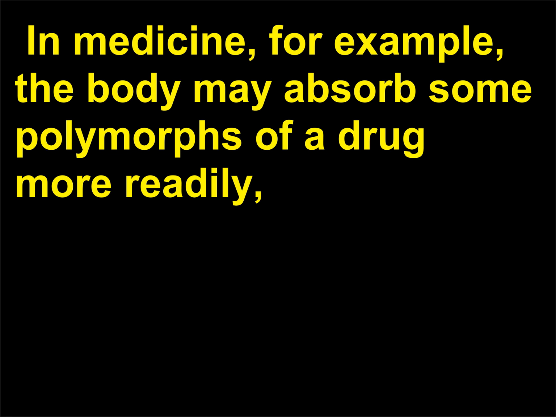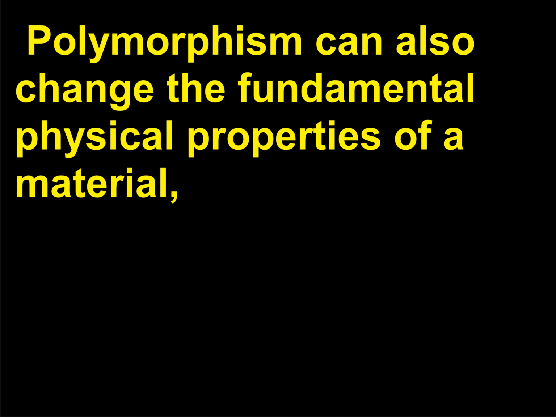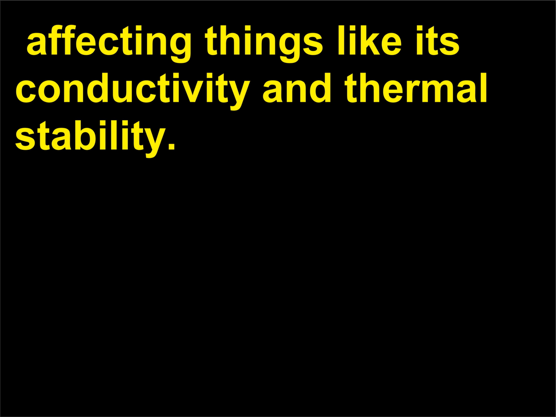In medicine, for example, the body may absorb some polymorphs of a drug more readily, making them more potent or more effective. Polymorphism can also change the fundamental physical properties of a material, affecting things like its conductivity and thermal stability.